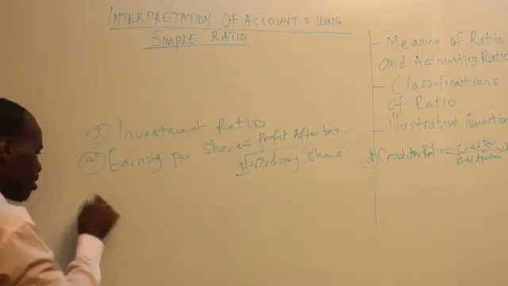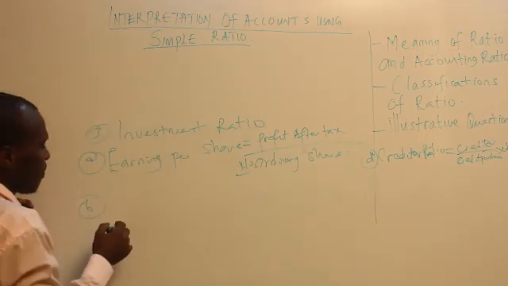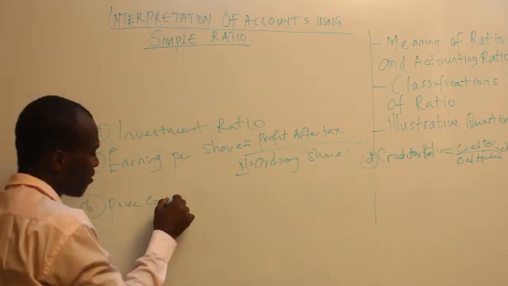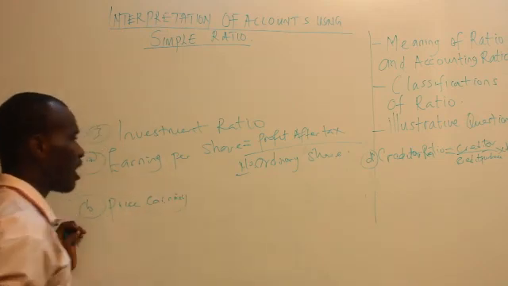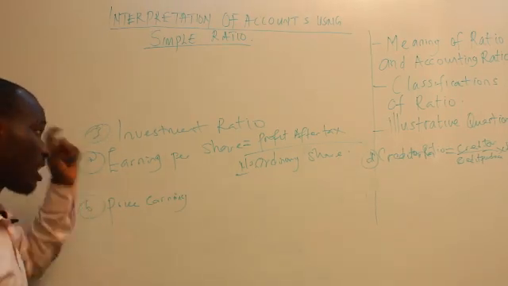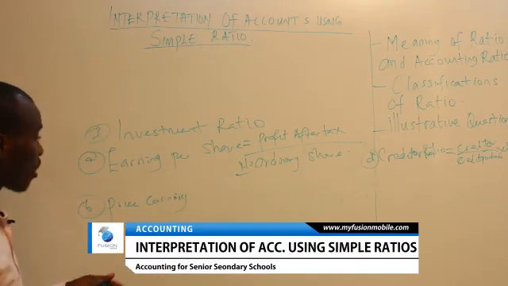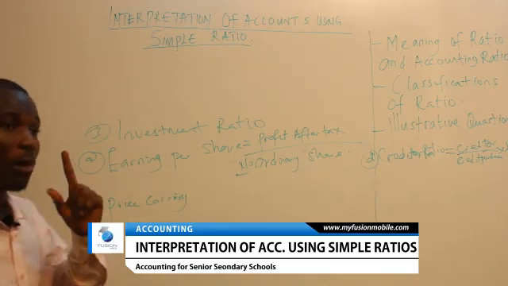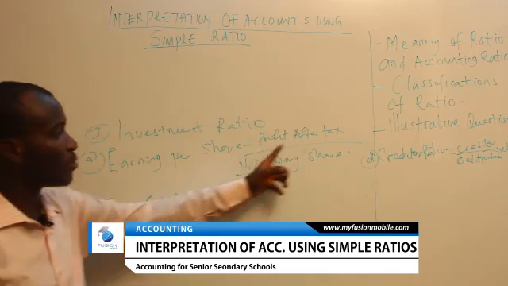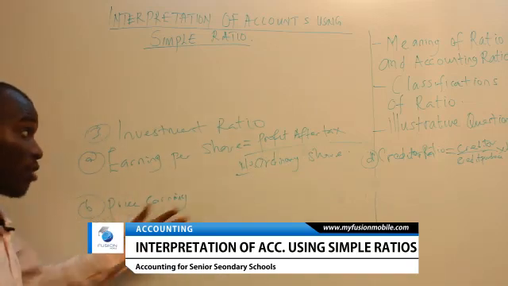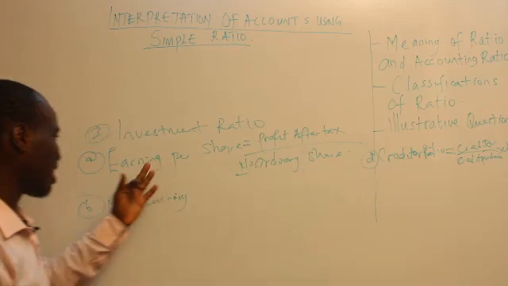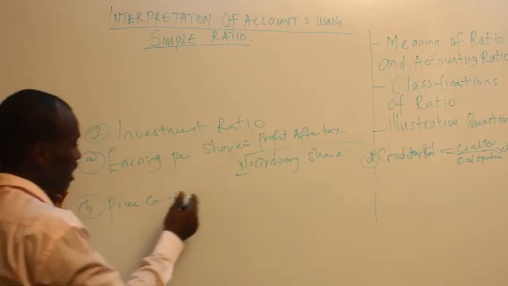So B is the price earning ratio. Earning per share is what each share earns on the profits of the organization, so that is the profit after tax over the number of ordinary shares.